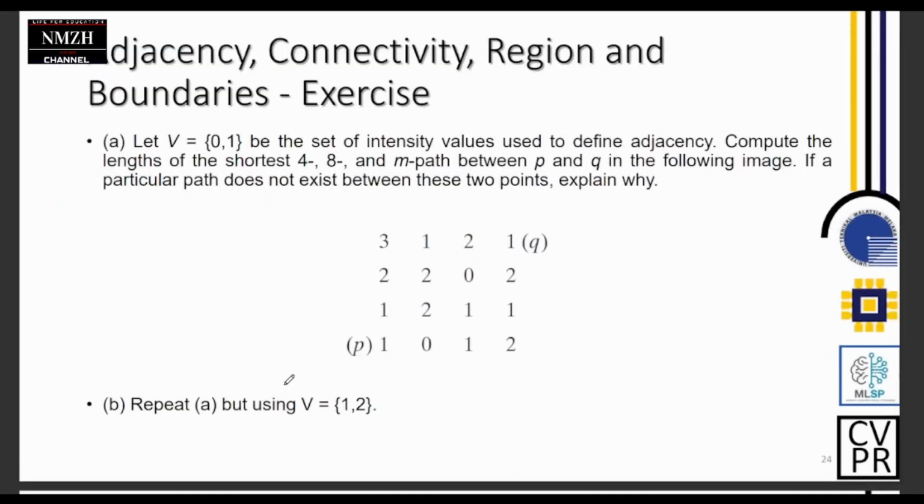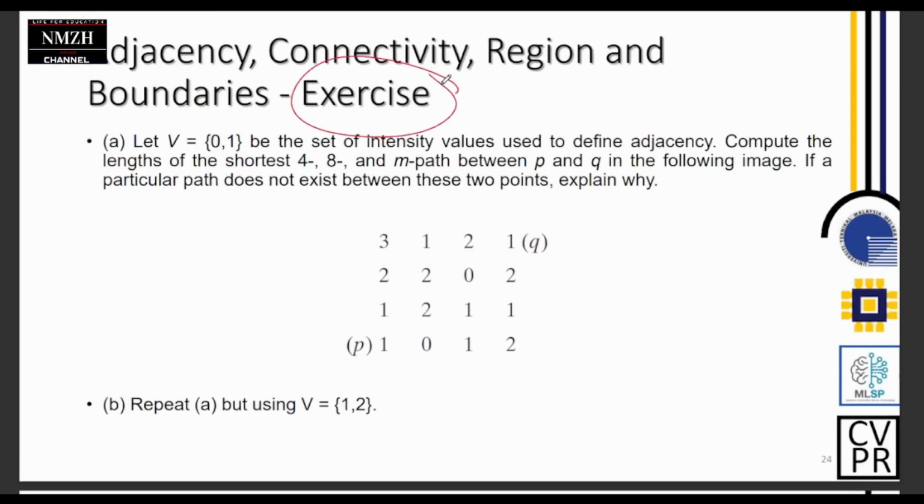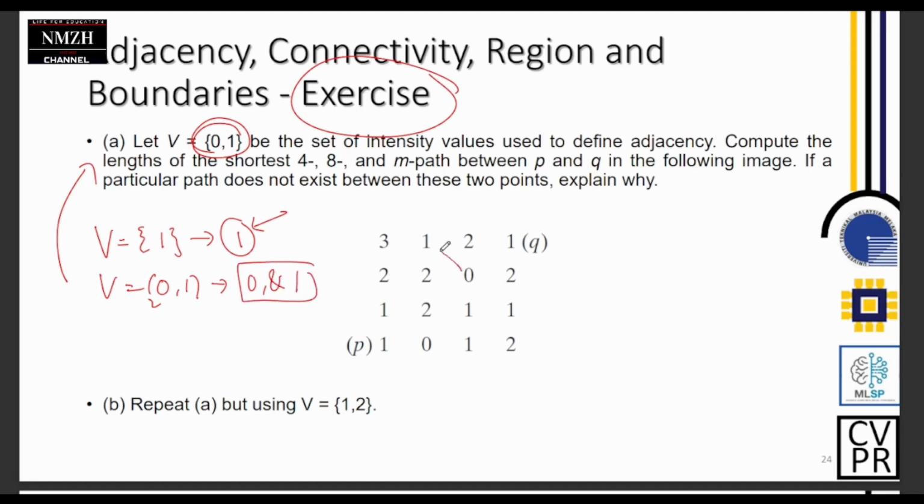So this one is an exercise to be done by yourself at home. Remember the one that I mentioned earlier: V could be 1 with regard to any number in a binary pixel connected to each other. In this particular exercise, we have 0 and 1. Every single thing that happens in the interconnection of adjacency is with regard to 0 and 1.